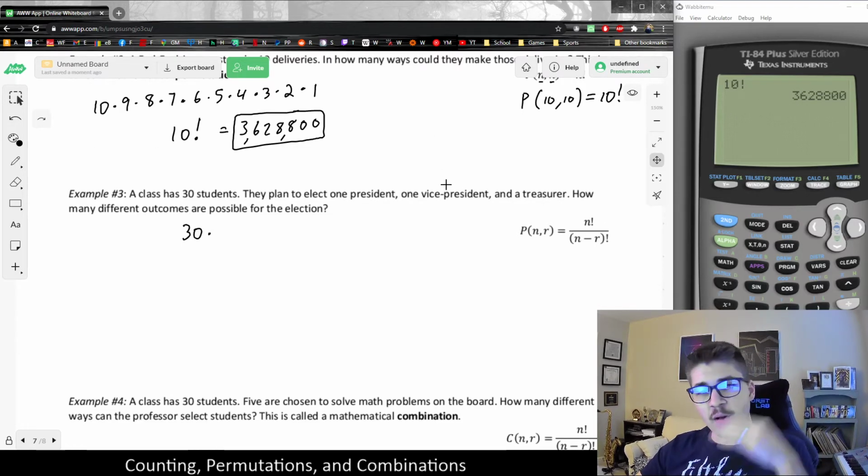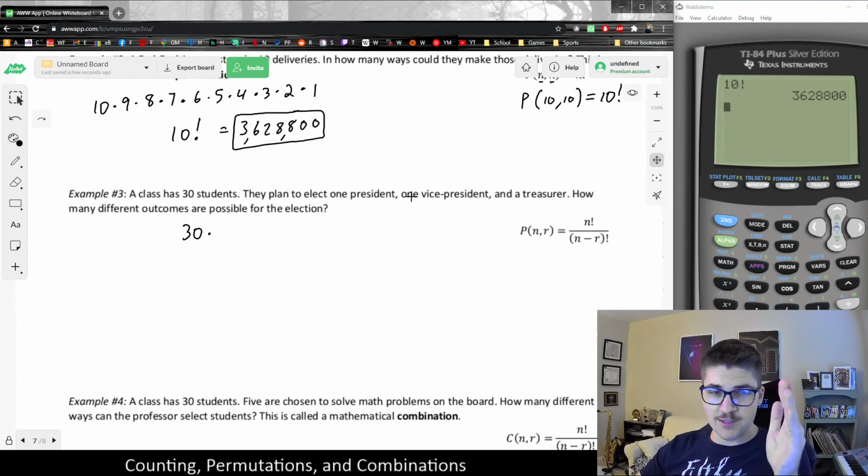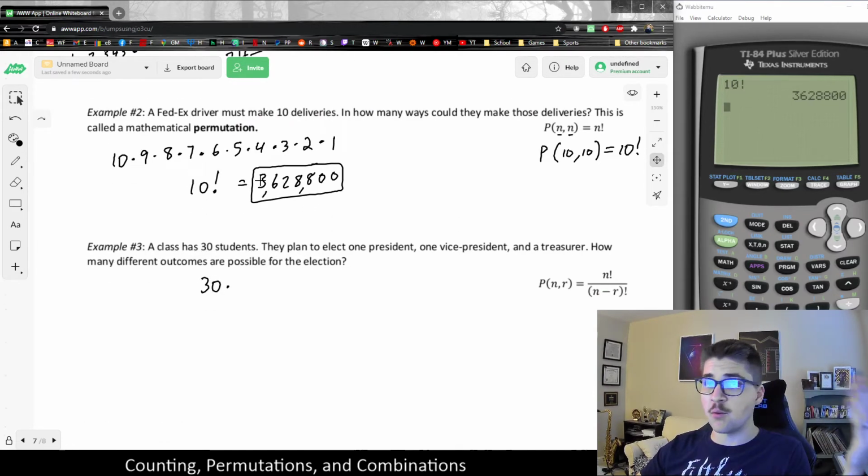Then if we're thinking about how many ways could we elect a vice president? Well, it doesn't specify, but we generally assume that if they're the president, they're not also the vice president. That doesn't usually make sense. So we can kind of look at it in a similar example where each time an outcome happens, it's always going to be multiplied by 1 less.